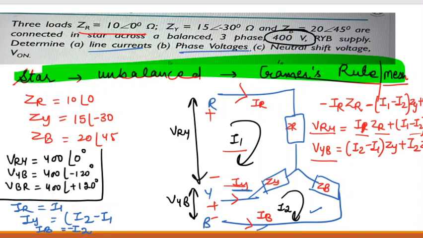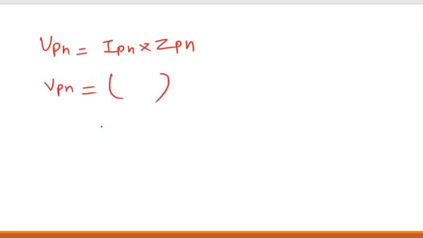Then you need to calculate the phase voltage. Phase voltage is how much? According to the formula, VPH is equal to IPH multiplied by ZPH. So the current you calculated, right? In star connection, line current is equal to the phase current. So IR multiplied by ZR, that is your VRN.